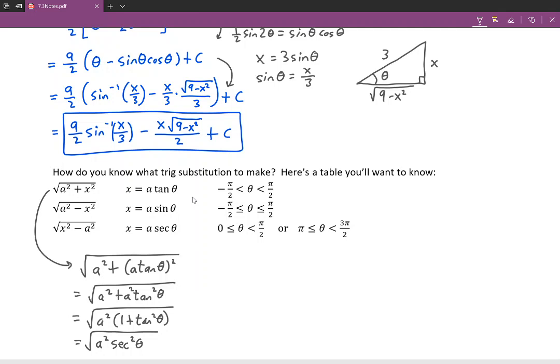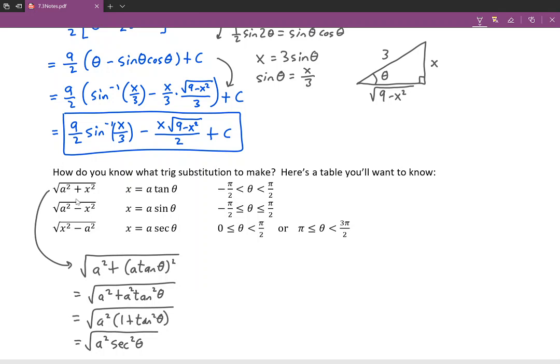If you took enough algebra steps and used enough trig identities, you'd be able to get from your answer to this answer that we got here. So that's it. That's the first example of trig substitutions, and the kinds of substitutions that you would want to make.